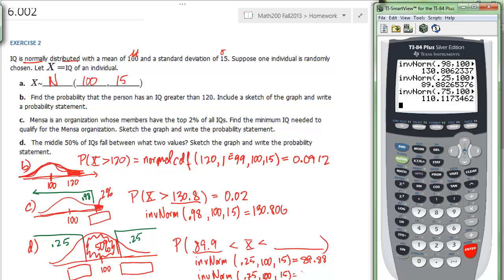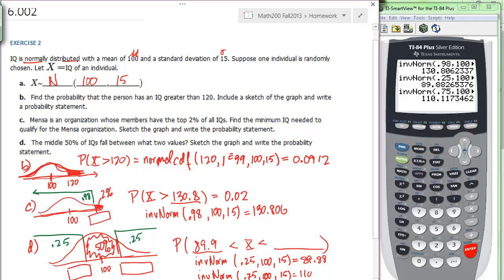It looks like we got 110.117. Let's call that 110.1. So these are the two values that we found, and these are the two values that would capture the middle 50% of the population. Okay, that's it. Good luck on your homework.